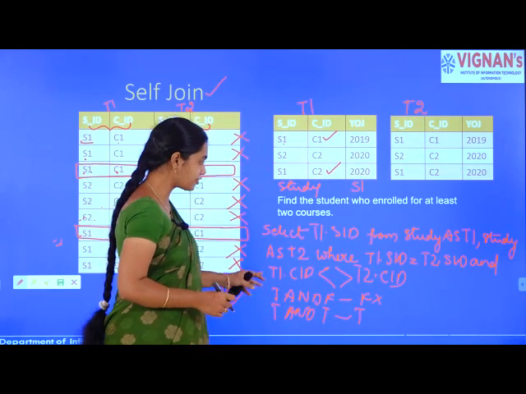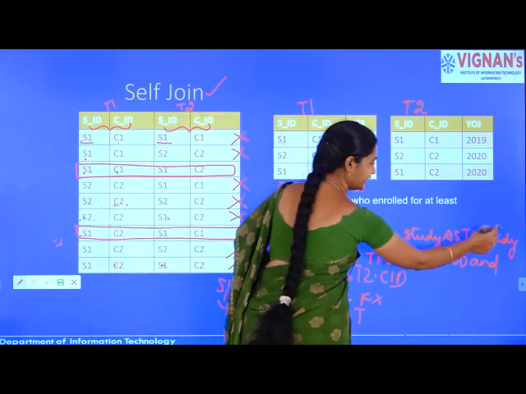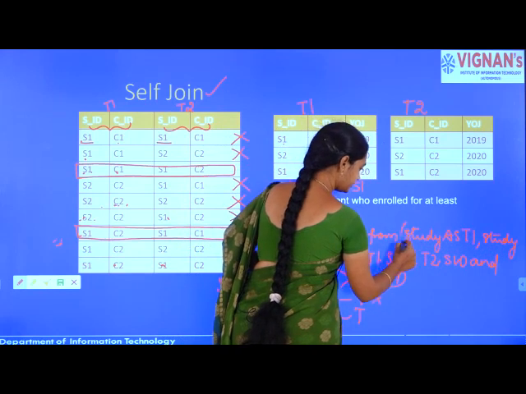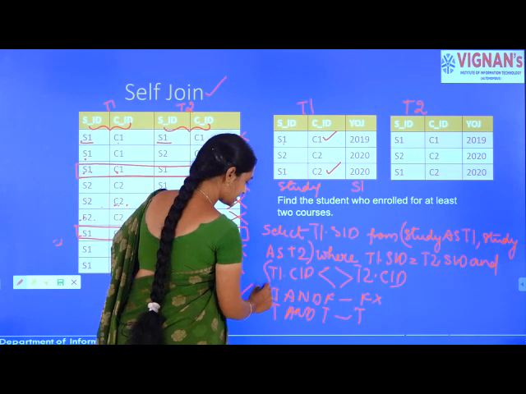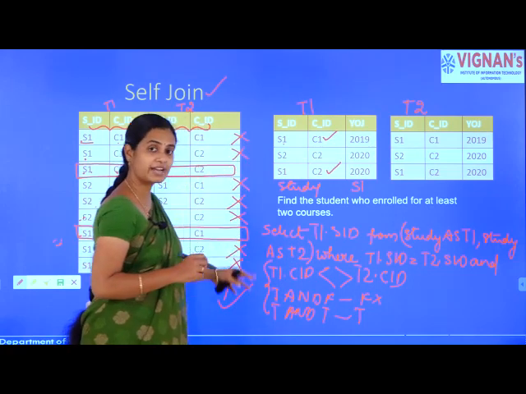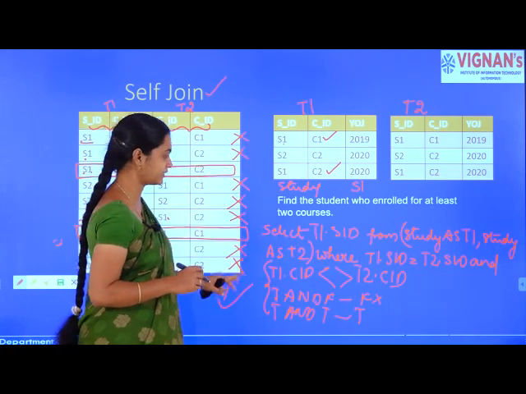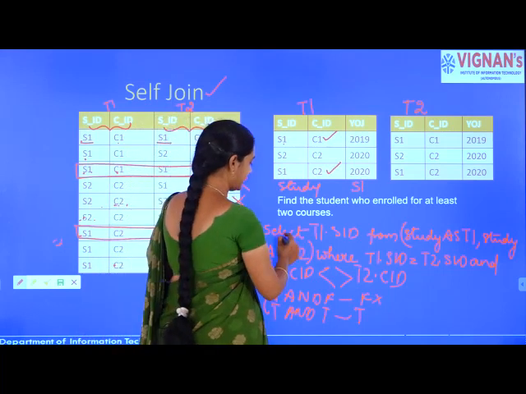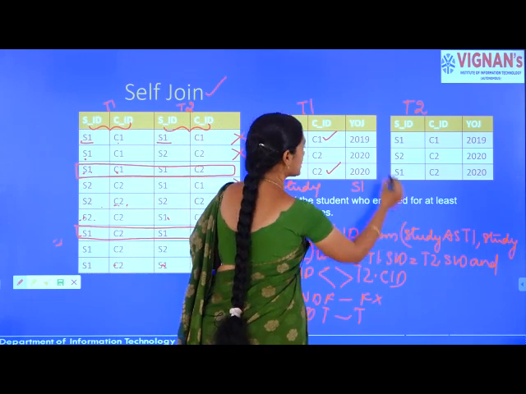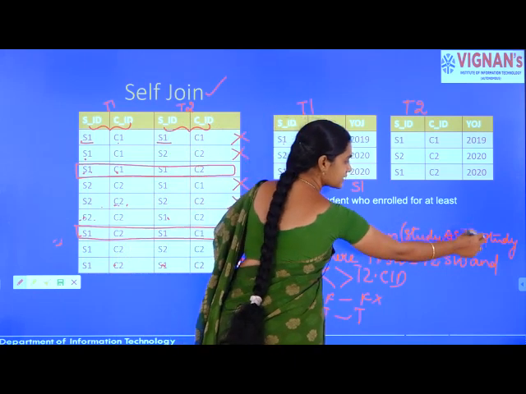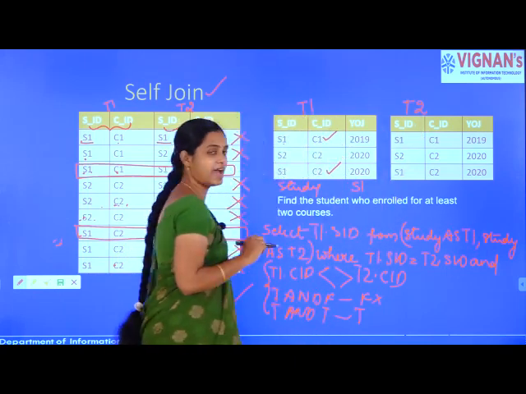So instead of writing this entire thing, this is the cross product from here to here, and this is the condition it is checking. So rather than writing like this, simply you can write select SID from study as T1 self join study as T2.